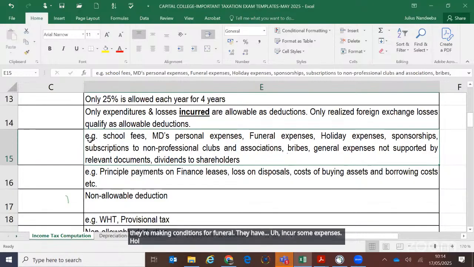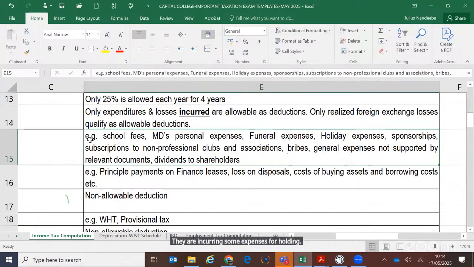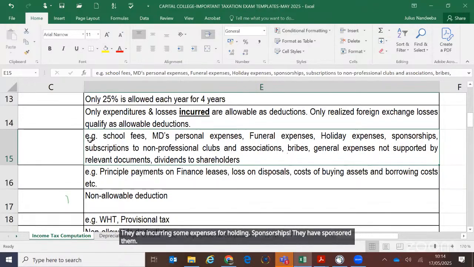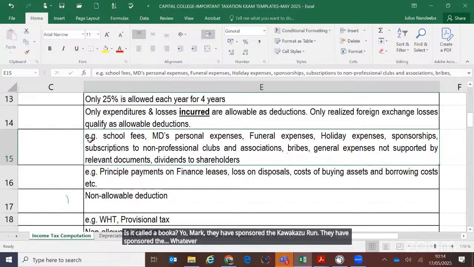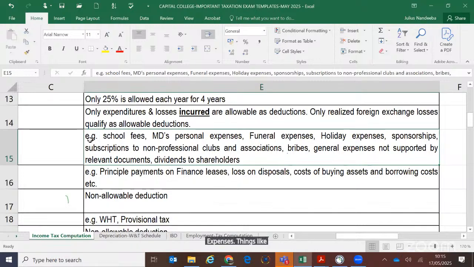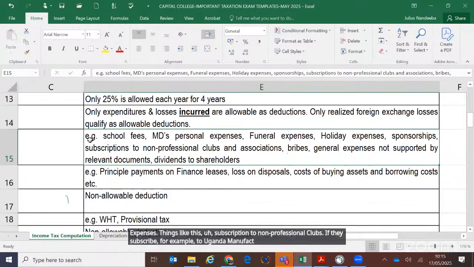Holiday expenses, they are incurring some expenses for holiday. Sponsorships, they have sponsored them. They have sponsored the Kawakazu Run. Whatever sponsorships they are, those are non-business expenses. Things like subscription to non-professional clubs. If they subscribe, for example, to Uganda Manufacturers Association, that is business.